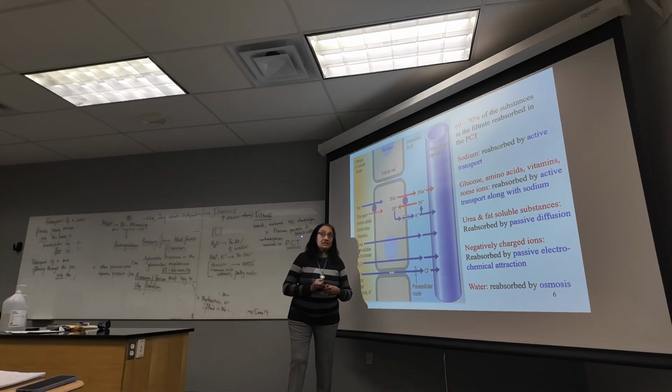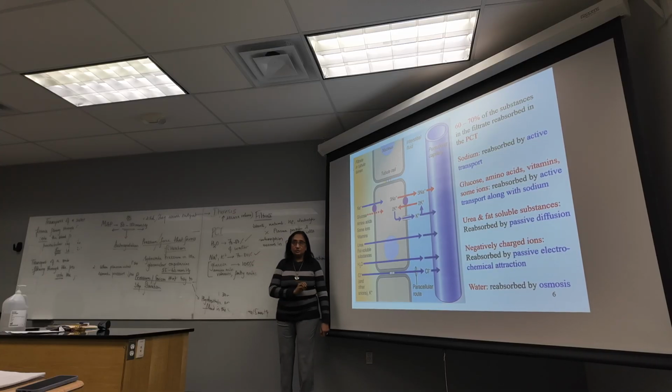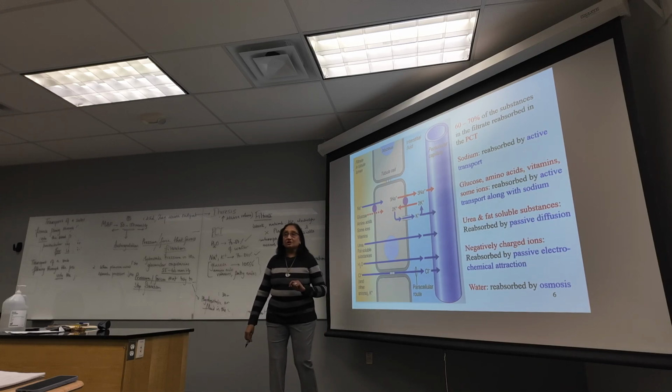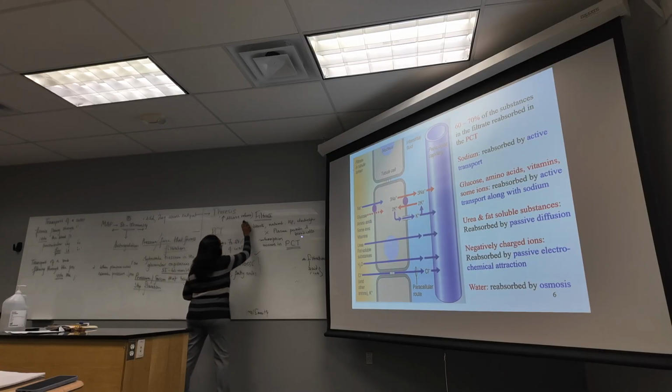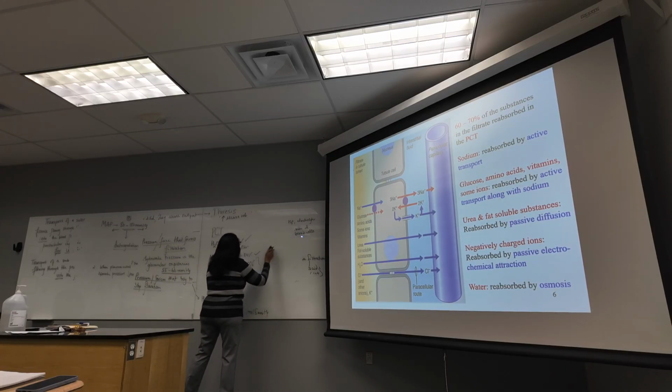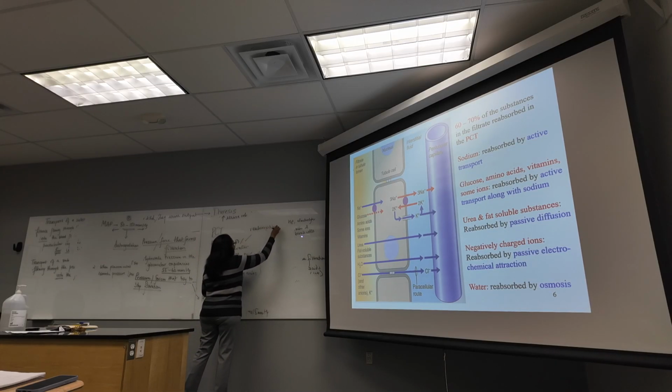Now the percentages that I told you: 70 to 80% of water, 70 to 80% of sodium, 100% of all of these. This is important. What happens in the proximal convoluted tubule? The reabsorption percentages are more or less fixed.